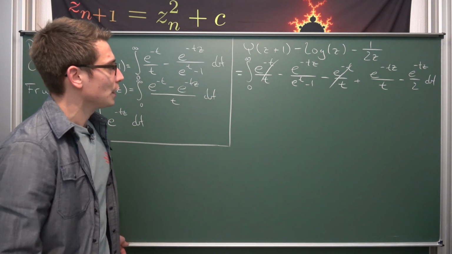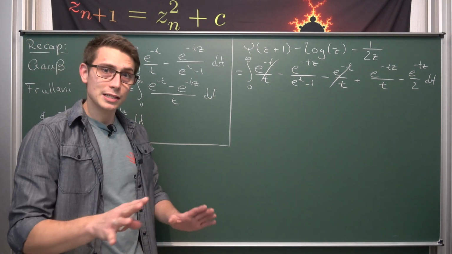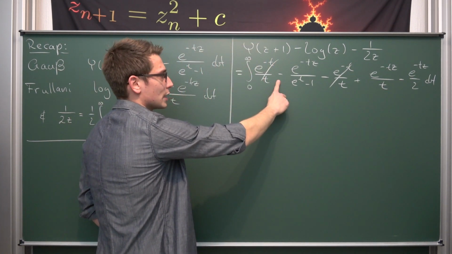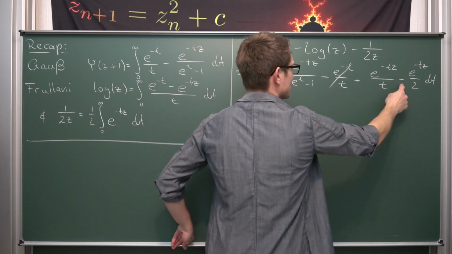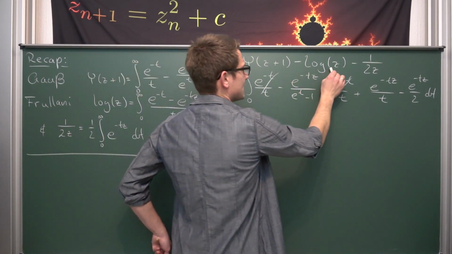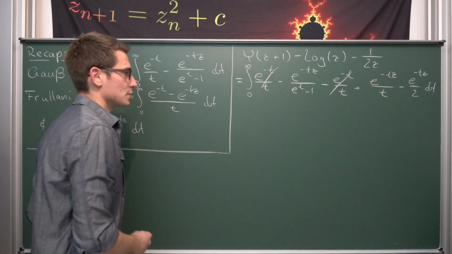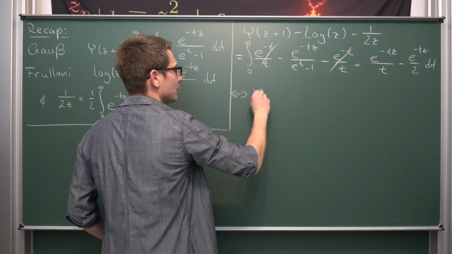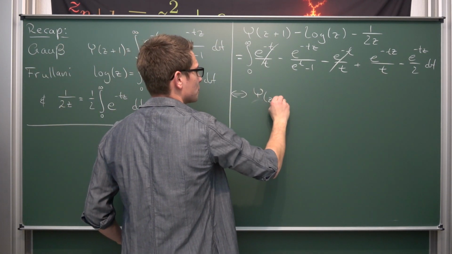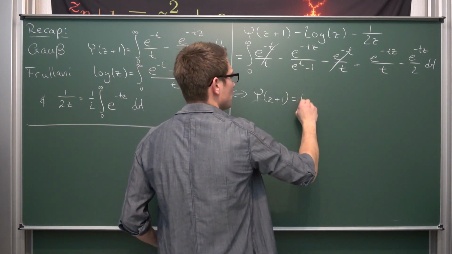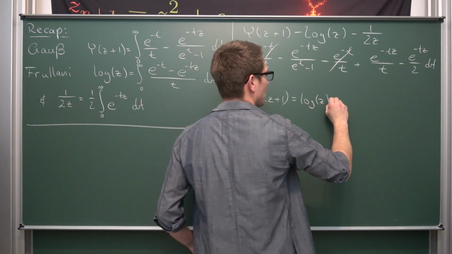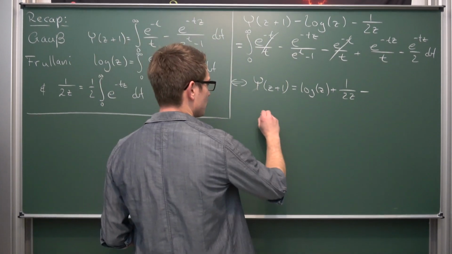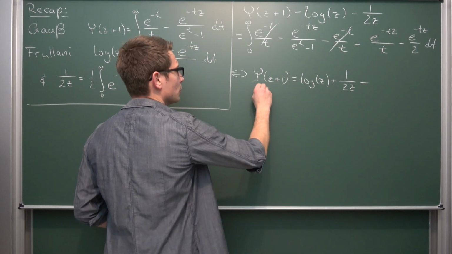Also, just to make the expression a tiny bit nicer for later, we are going to drag the negative sign to the front, meaning this part right here is going to get a positive sign, this one a negative sign, and this a positive sign, and we are going to add log of z and 1 over 2z on both sides, giving us for now that the above expression is equivalent to saying we have digamma of z plus 1 being equal to log of z plus 1 over 2z, and now minus a mighty integral, I'm going to put it here, minus the integral from 0 to infinity of.